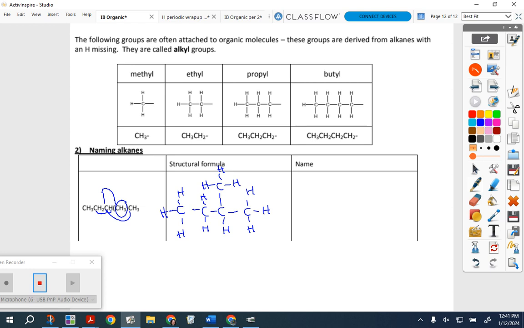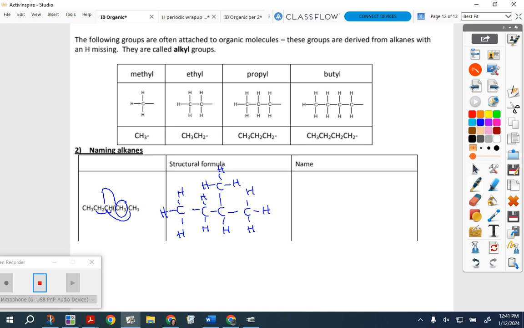So how many continuous carbons do I have in a single chain here? I've got 4. So what is my root prefix going to be for this? It's going to be a butane, but it's going to have some extra stuff on it. We can't just call it butane because we've got to account for that methyl group on the top.